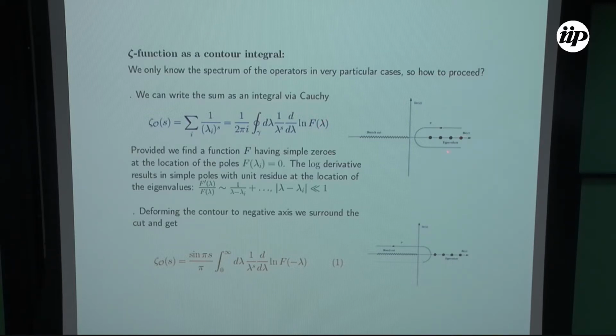You will be able to do this if you find a function that has zeros, such that it gives you residues at the precise position of the poles. So you pretend you know this f, you write it this way, you deform the contour, you go to the other side where this is the branch cut appearing because of the lambda to the s, you collapse, and you end up with this expression. This is the typical expression of the zeta function.